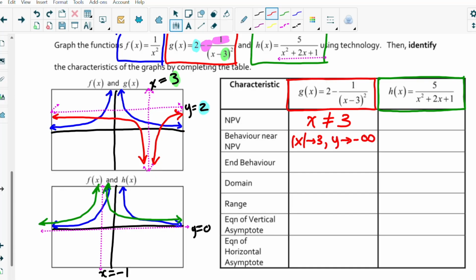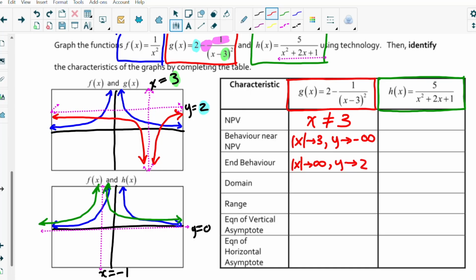Y approaches negative infinity. Okay, so as x approaches 3, y approaches negative infinity that way. Okay, so that's that. End behavior, what happens as we go to the extreme ends? As absolute value of x approaches infinity, y approaches 2.